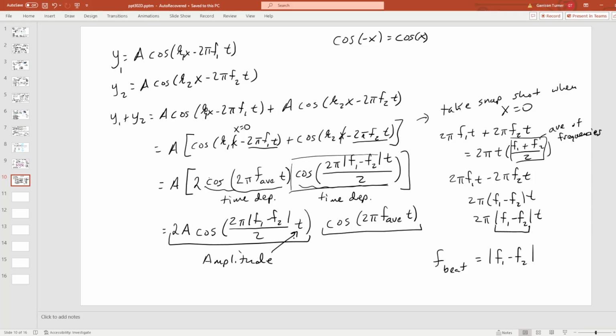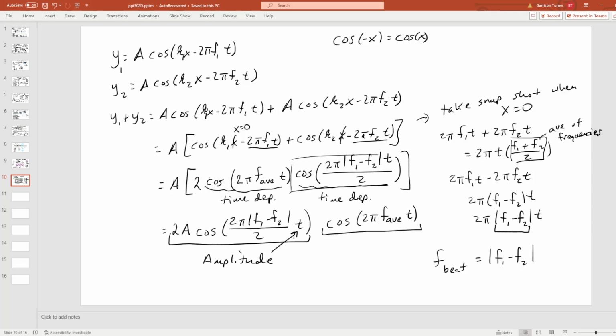And this is why we call it a beat frequency: if you have 2 frequencies that are extremely close together, it actually sounds like a beat. It sounds like if you were to hit 2 tuning forks and they were slightly off of pitch from one another, you would hear a kind of pulsing sound. And it's that pulsing that we call beats. So this is the reason we have beat frequencies.